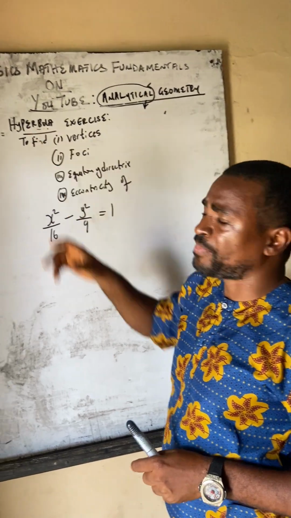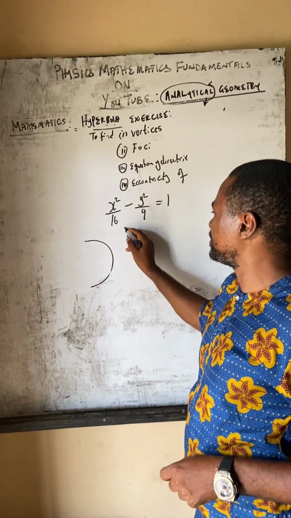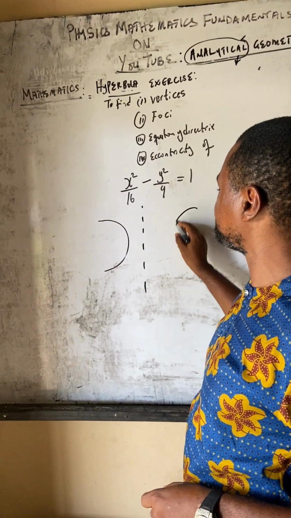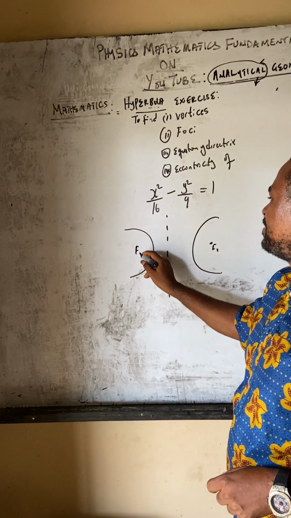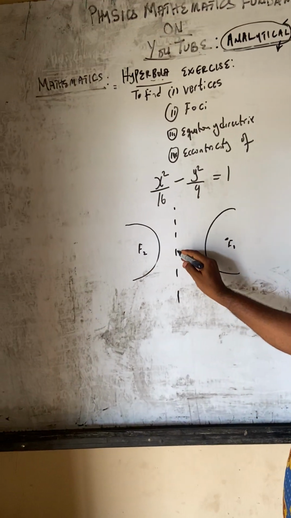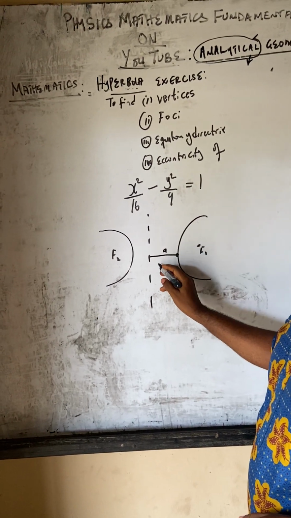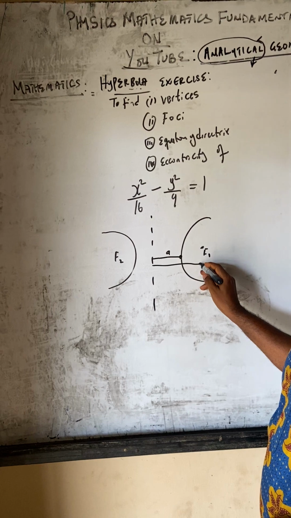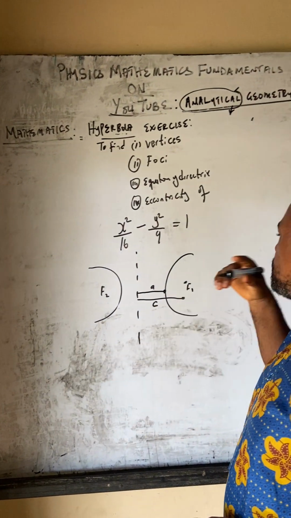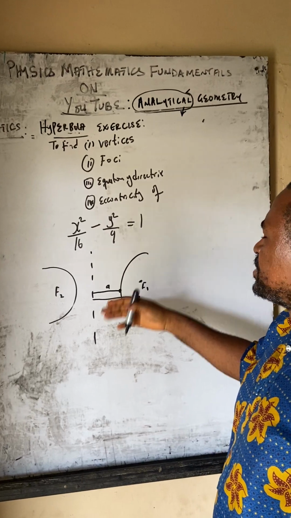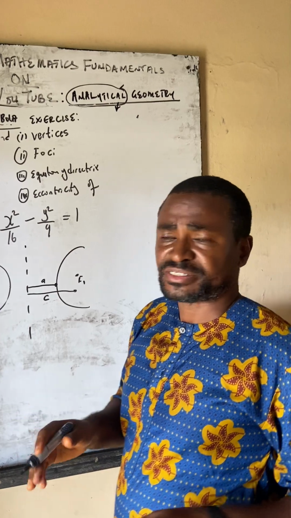That is a hyperbola. Now, a hyperbola has this particular curve here, and we have foci f1 and f2 there. The distance from this vertical axis to this place is a, and from this vertical axis to this focus is c. This conic has other parameters.